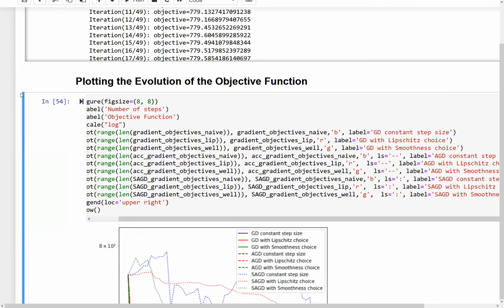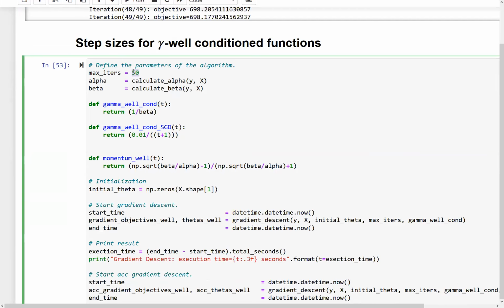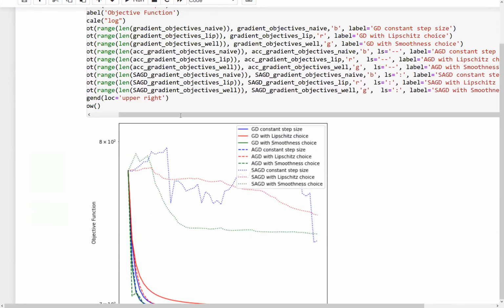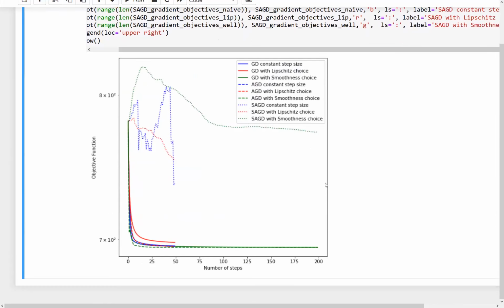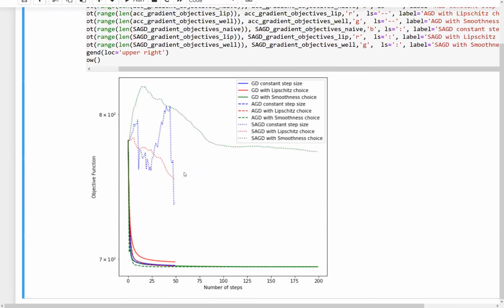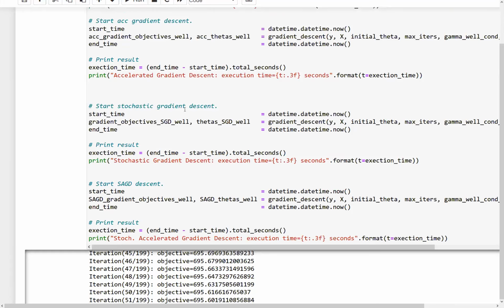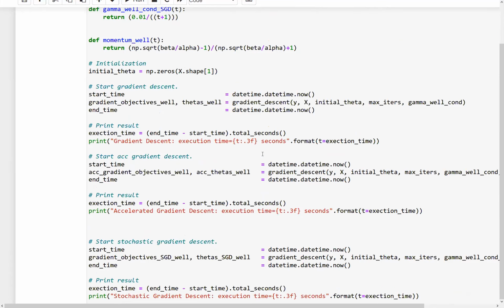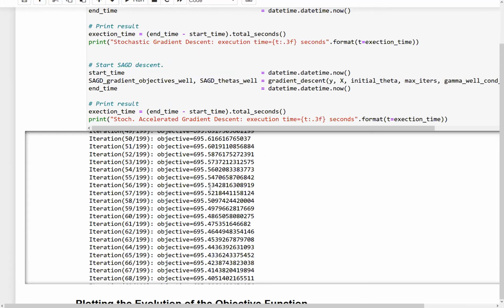Maybe when we use a larger number of iterations. Oh, did I? Why did it not?